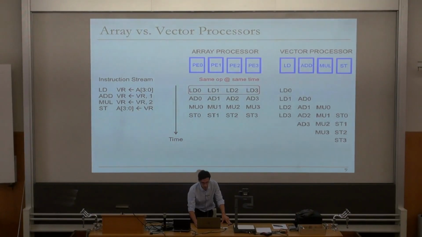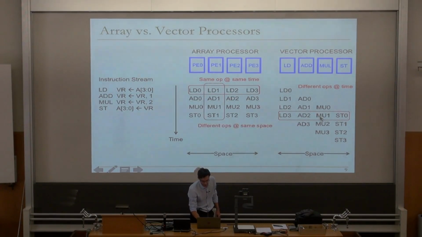Right? So, if you observe what we are doing, and this is the time-space duality, in the array processor, we execute the same operation at the same time, while in the vector processor, we execute different operations at the same time.